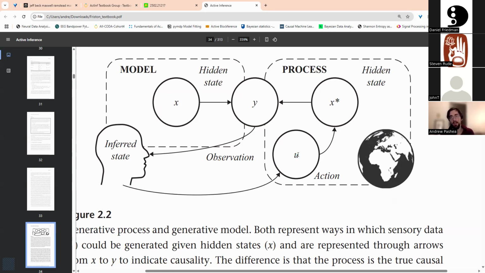We are active inferers. We don't passively take in observations. We emit actions as well. That, in fact, goes on to condition the environment around us, which then elicits new observations.